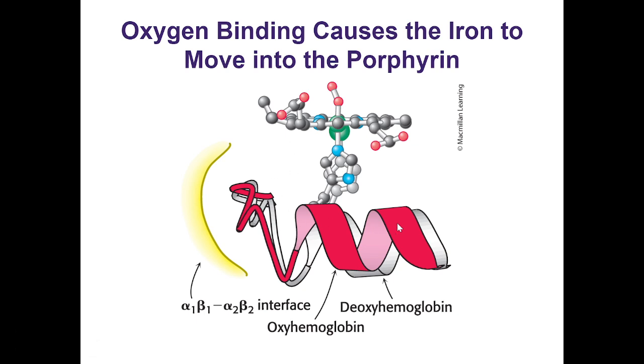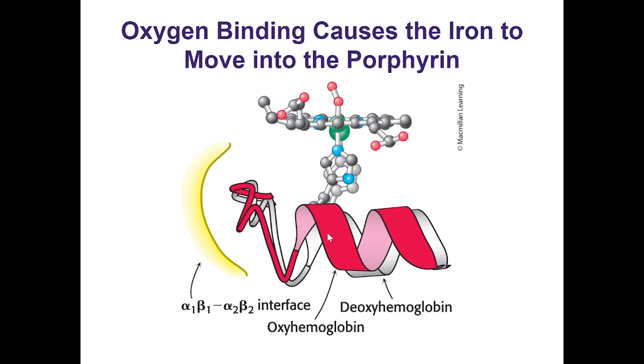And you see how this relaxation right here causes it to pull back. See that? Like a little spring, right? Basically, this is a spring-loaded histidine. It's a spring-loaded heme. So you've got the iron here, and it has a little spring to it that pulls on it, right?